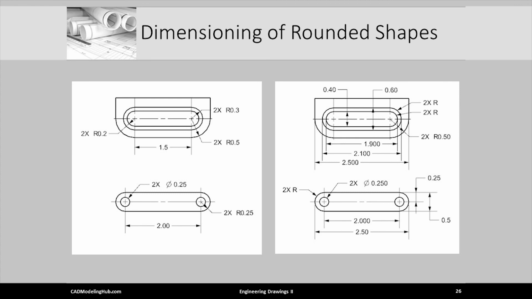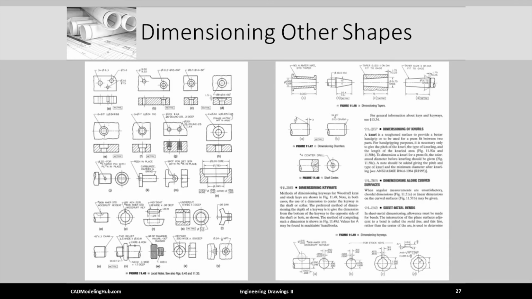Both are correctly dimensioned, but the right example appears almost cluttered. They use the 2XR notation to indicate that the radii are full arcs.